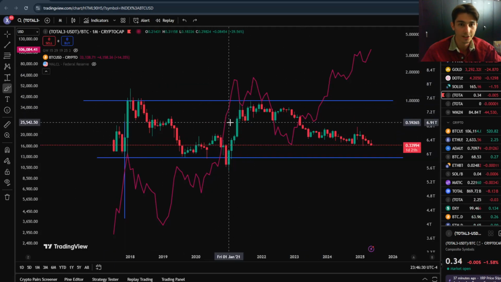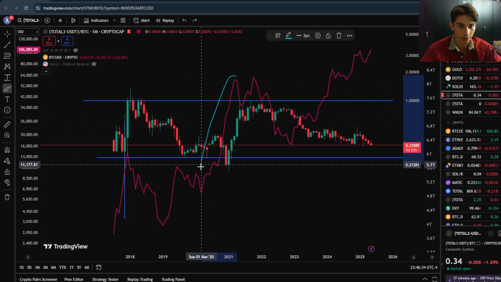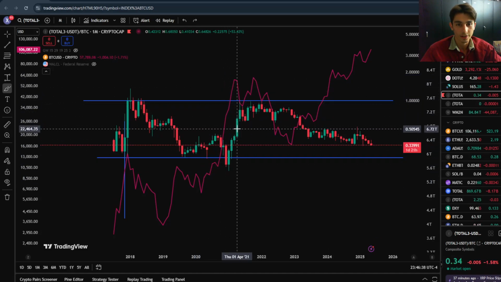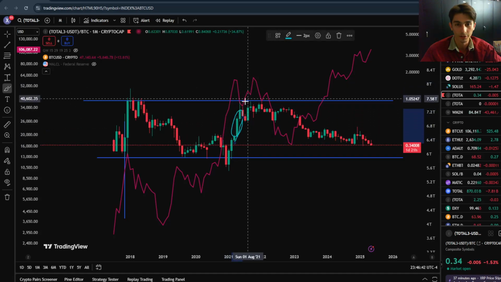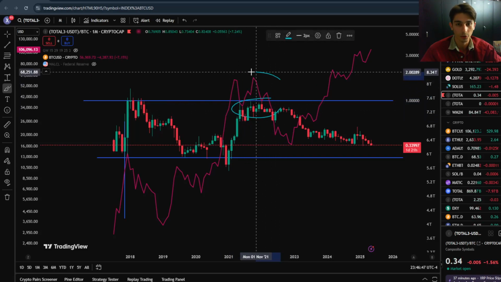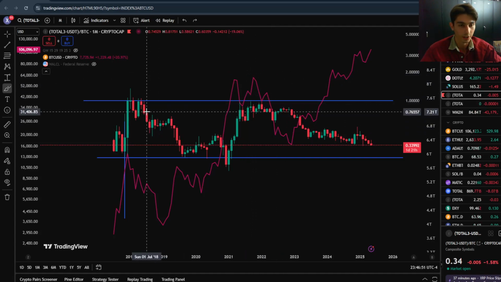And you can see essentially the same thing happened in 2021, where Bitcoin got this massive mania phase up, and altcoins only followed around a month after, and then went into this distribution phase as Bitcoin topped out in October 2021.